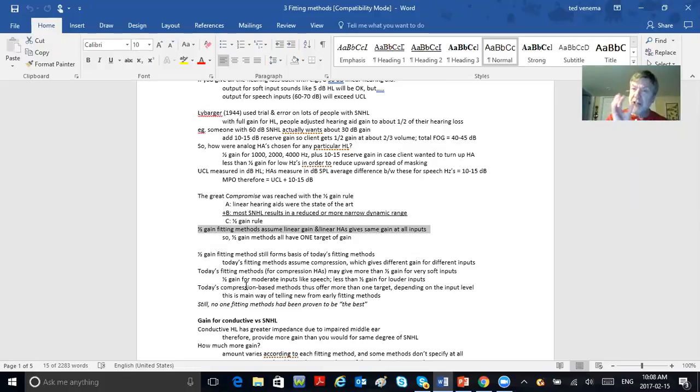But for any particular hearing loss, one target, okay? One. Because linear hearing aids give the same gain for all inputs. You'd want the guy to crank up the volume control for softer ones, turn down the VC for louder inputs, and have the VC somewhere between 1/2 and 2/3 for the average inputs, like speech.